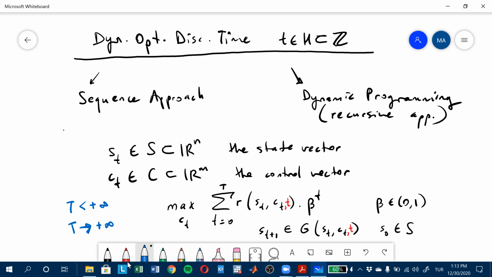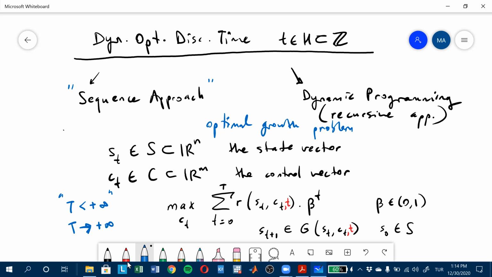Now, I will first explain the sequence approach for finite T, using a simple optimal growth problem. It is always easier to understand the material using this simple optimal growth problem, because you already know the solution to this in continuous time.